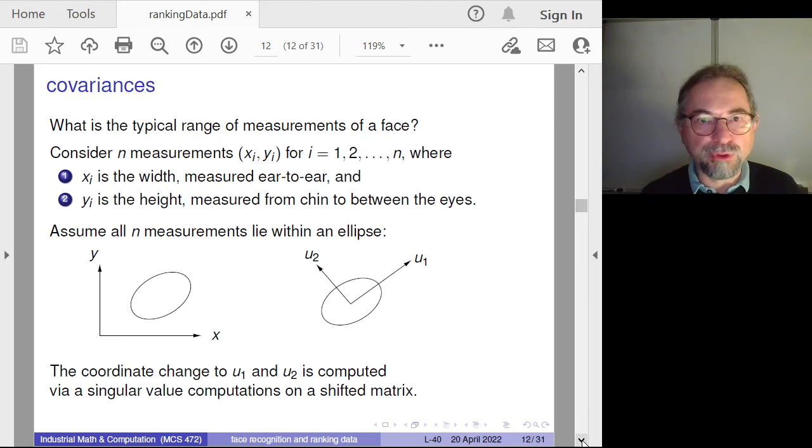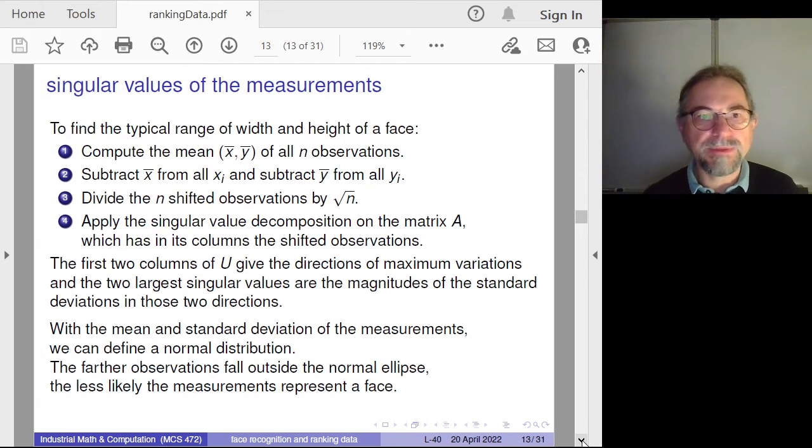So this is important to normalize the numbers. Here is the procedure more spelled out in detail. We compute the mean of all the observations. We shift the data. So now we have a matrix of 2 rows and n columns.